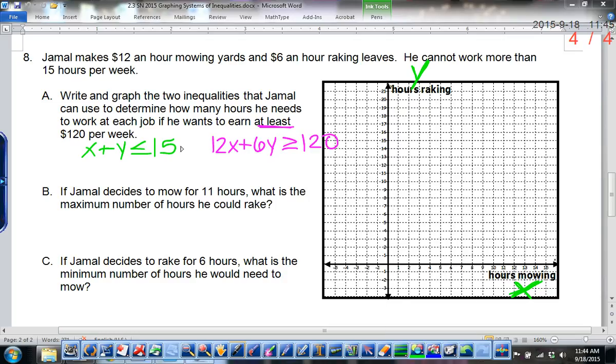All right, so let's solve this green one. That would be y is less than or equal to negative x plus 15. So let's find 15 on our graph. And what's our slope? Negative 1.